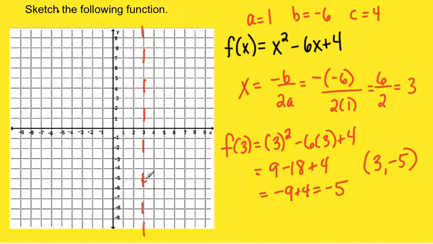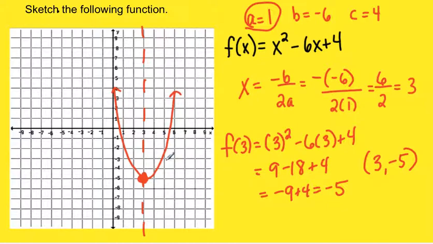So 3, -5 would be here. Now, a couple of things I know about this parabola is that it's opened up because a is positive and it's the same width. So for right now, I'm just going to give a good sketch of that. I know it's going to look about like that.